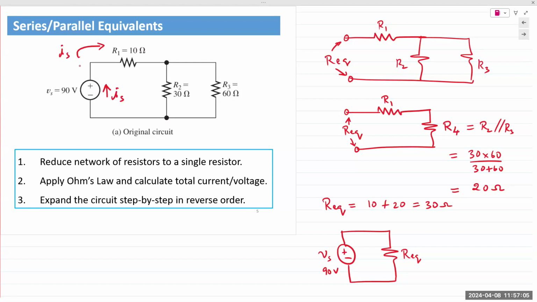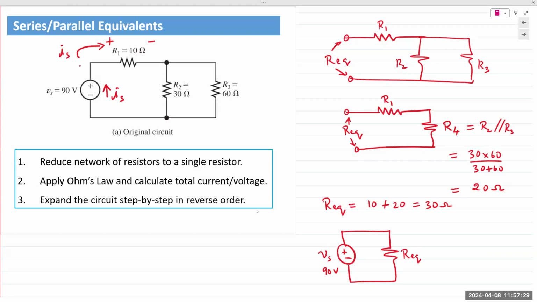Current goes from high to low, plus to minus, meaning point of entry in a resistor is plus, point of exit is minus.